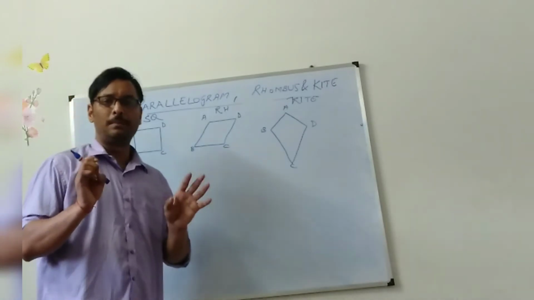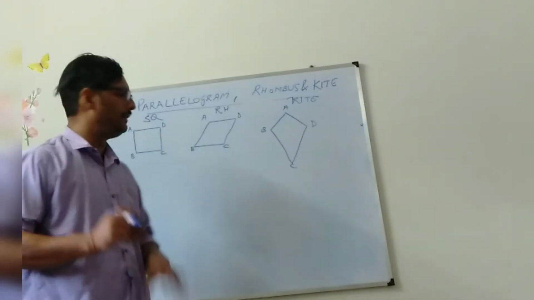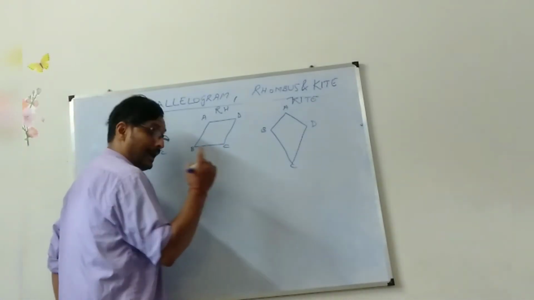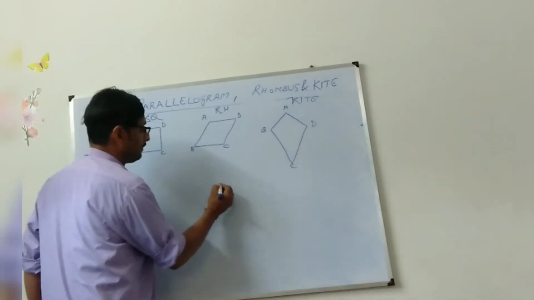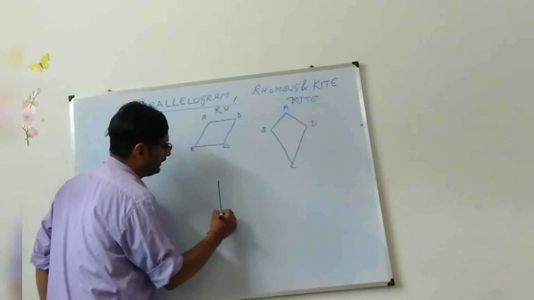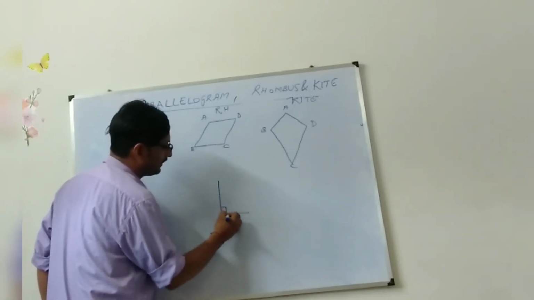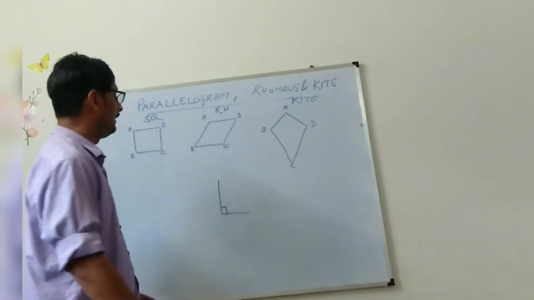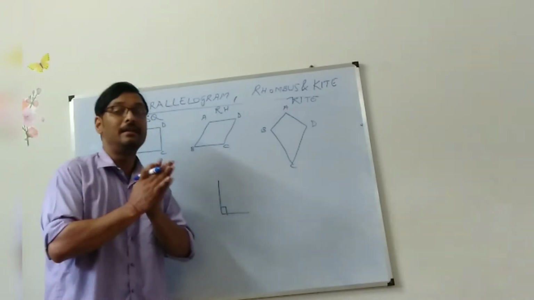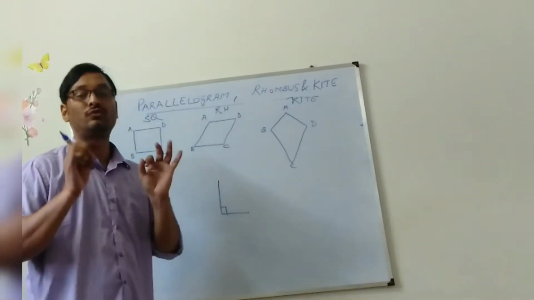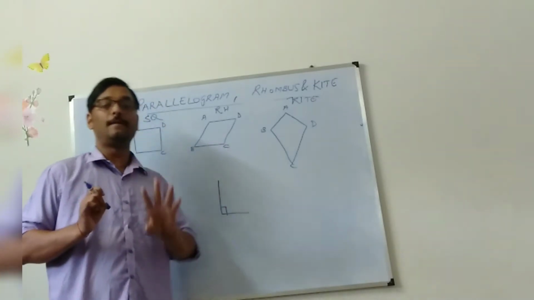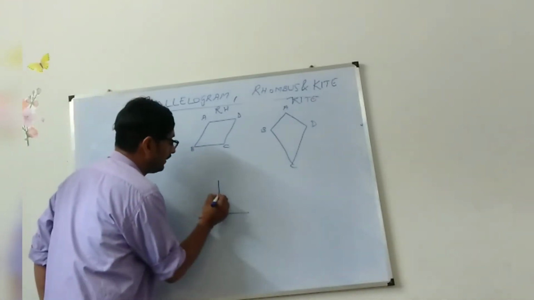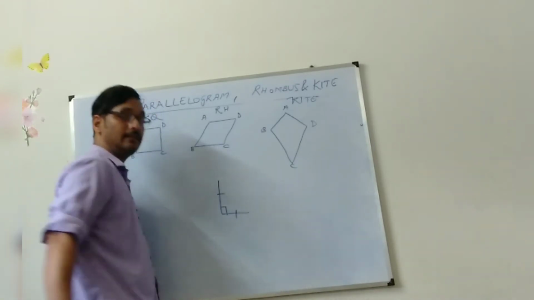I am just giving you a basic idea of how you will be getting 90 degree. An angle is made up of two sides. If I am telling you this is 90 degree, you try to find out which are the two sides making this 90 degree. So this is one side and this is another side.